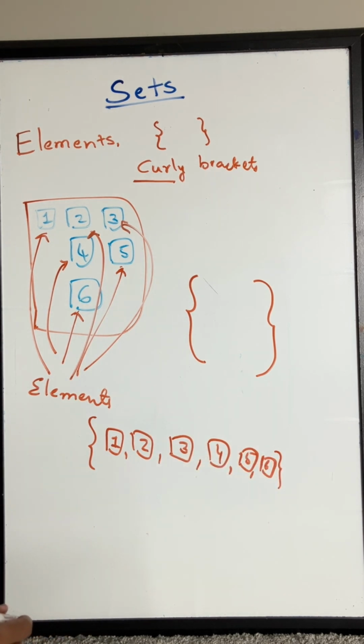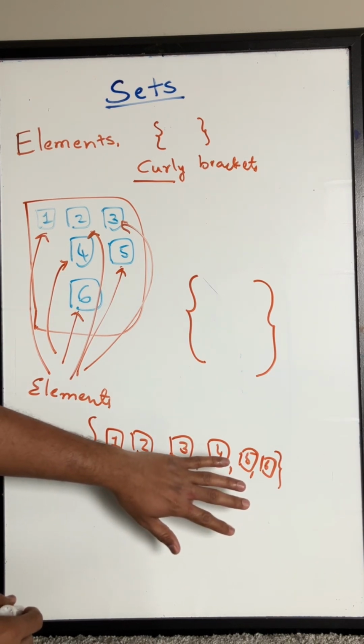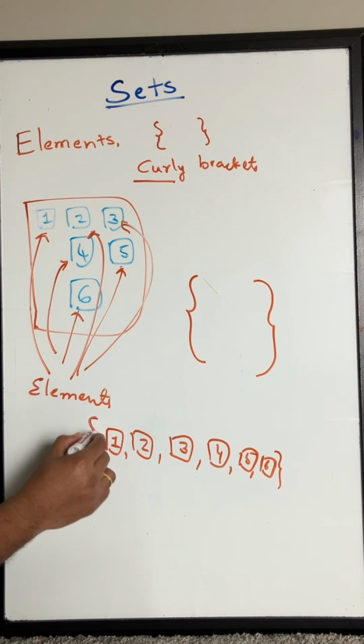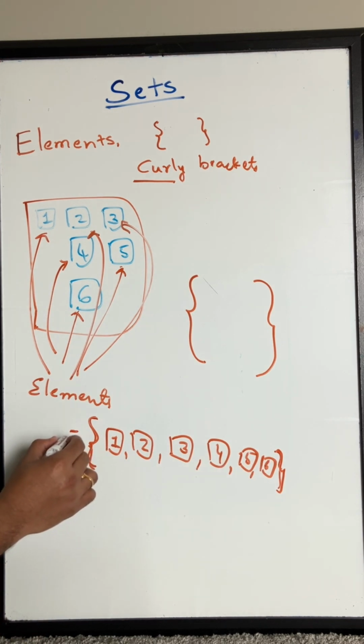So this is my collection. There will be thousands of stamps, but I collected only these distinct stamps. So I'll denote them within the curly brackets. And this is my collection of stamps, right?